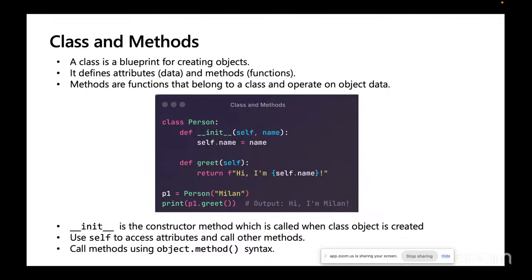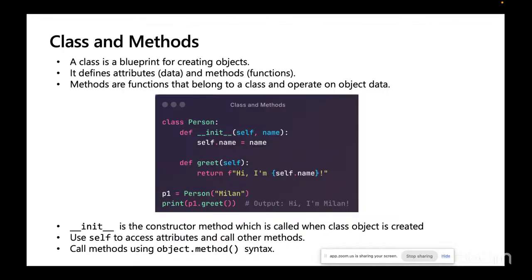So class is basically a blueprint for creating objects, similar to maybe in C++ or Java you might have tried, right? So similar to that, you create a class, okay? And in a class, you can define attributes, which is data, and methods, which are functions.